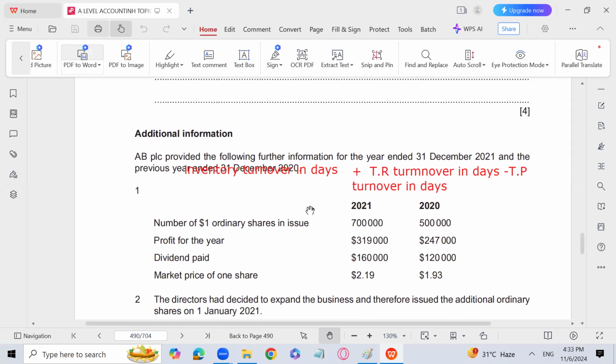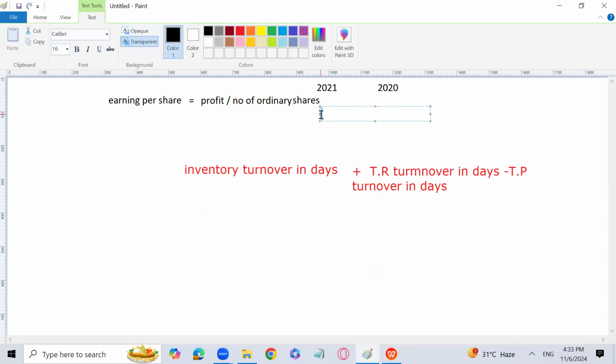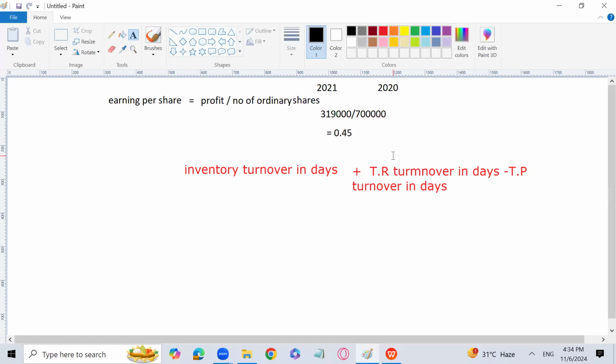So 3,19,000 profit divided by 7 lakh, you will get the answer of earning per share for 2021. 0.45 per share is the earning we are getting on each share. The profit we are getting on each share in this year is 0.45.